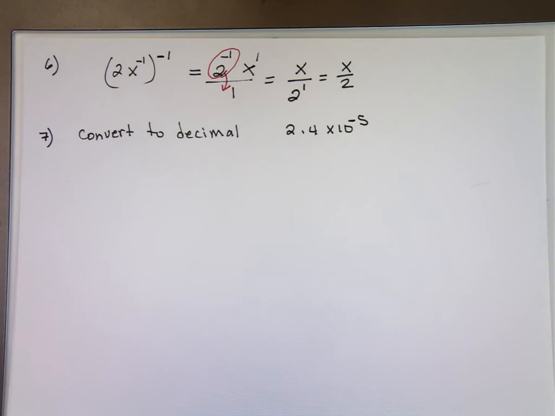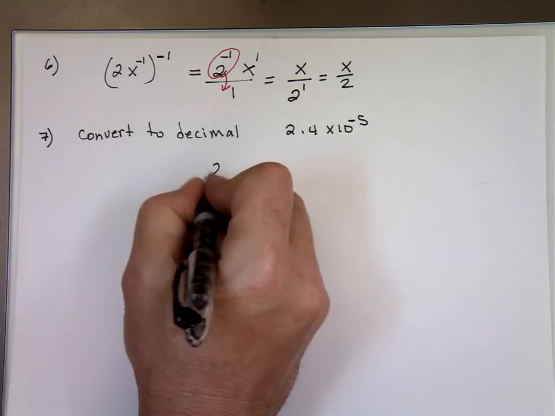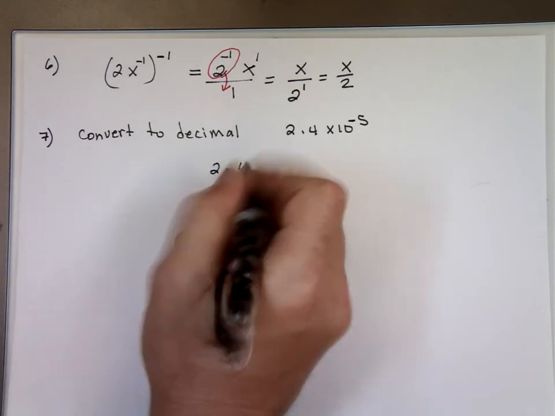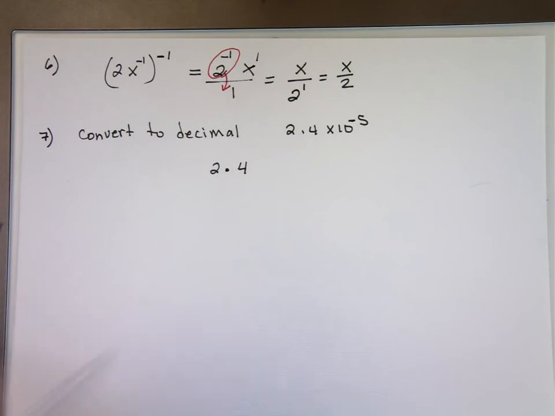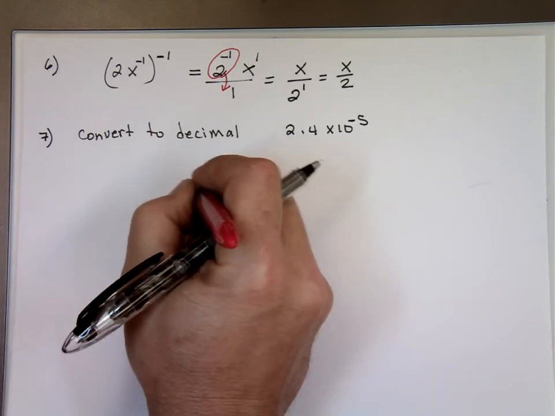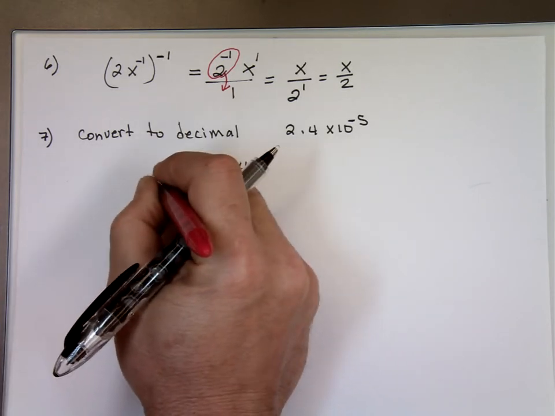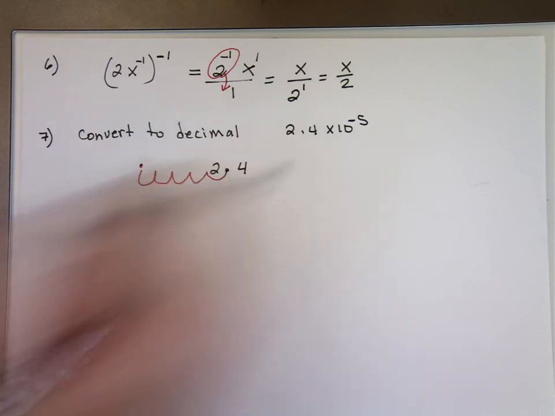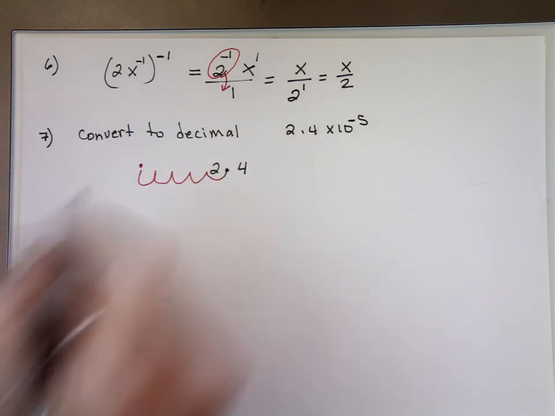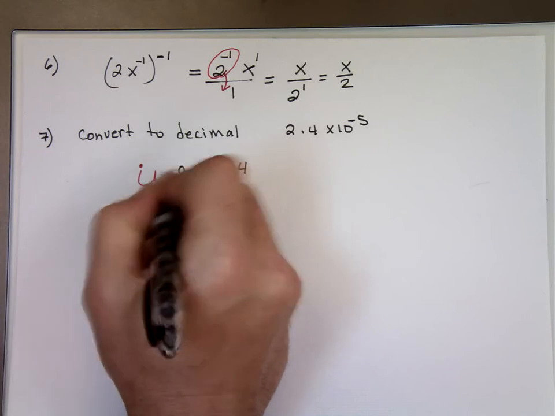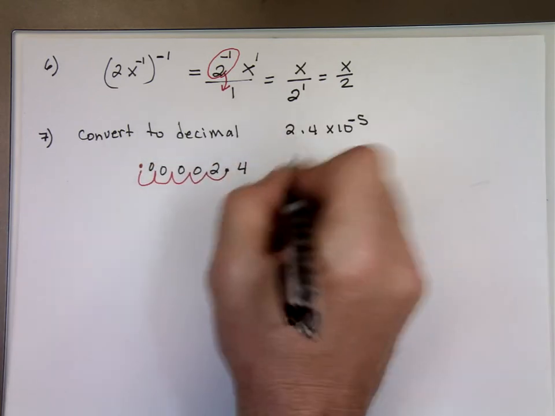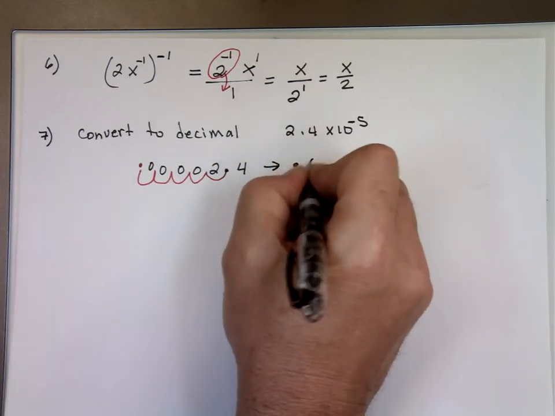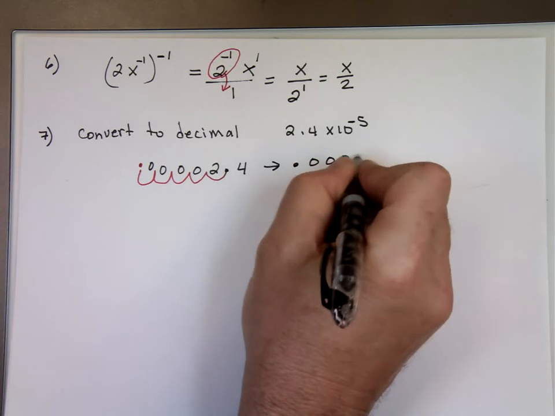So what do we do with the decimal point? 5 places to the left. Good. 1, 2, 3, 4, 5. You gotta move it 5 places to the left. Any empty spot, you gotta put a 0 in it. So that'll be what? 0.000024.